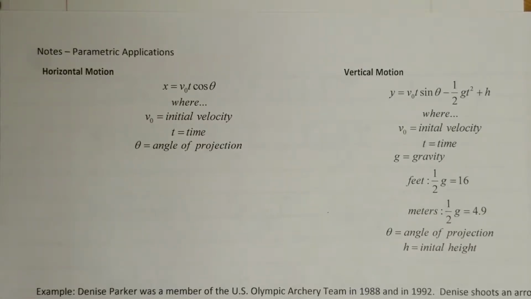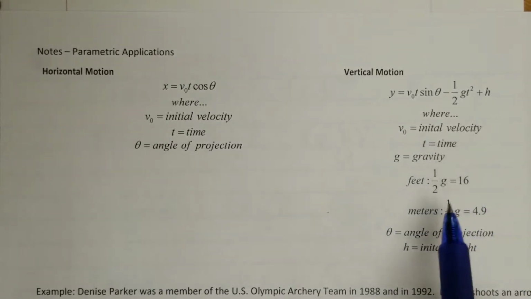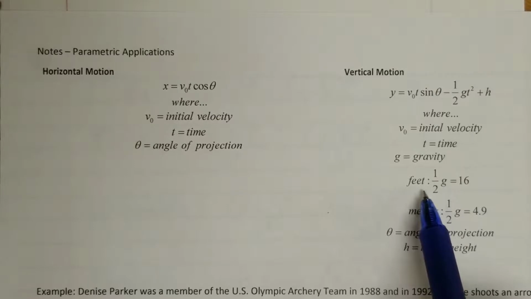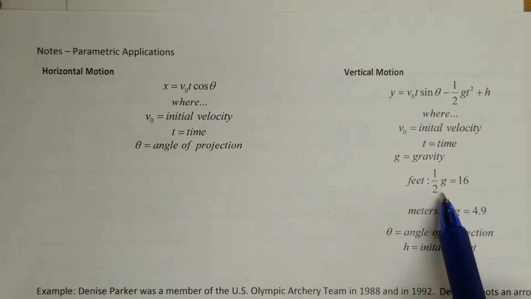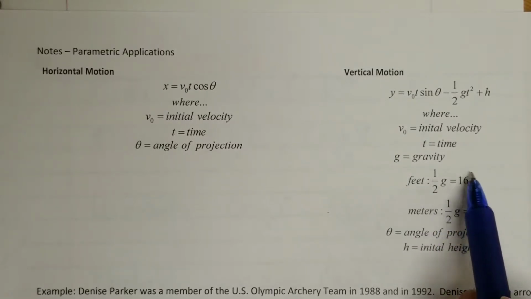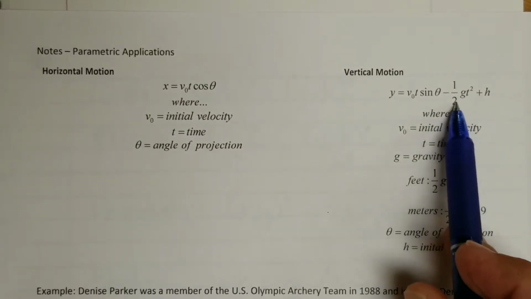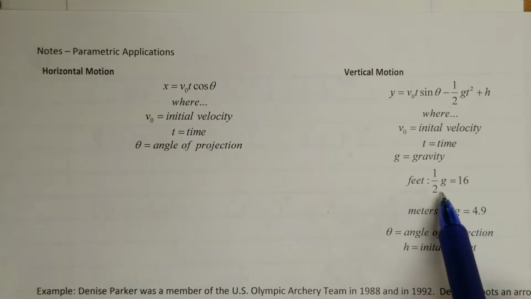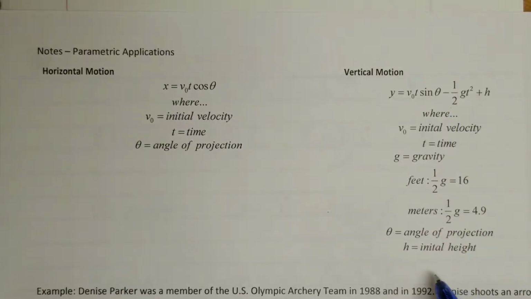So for gravity here, if the problem's dealing with feet, then the acceleration rate is 32 feet per second squared. So for this formula, we'll just substitute our 1/2 g with 16, half of that 32.